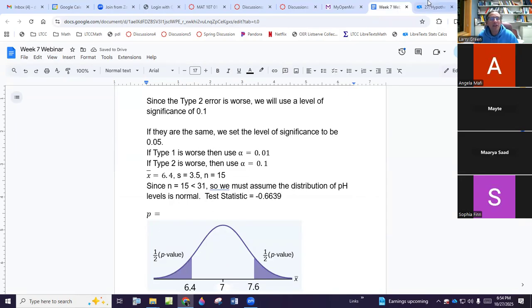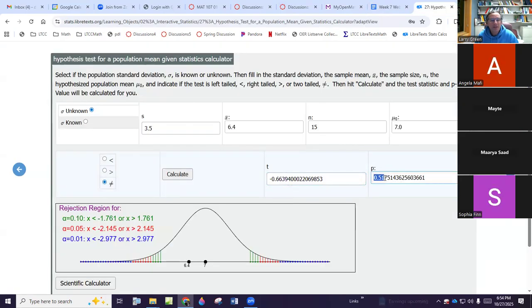And our p-value was this, 0.5175. Notice 6.4 is like right here. And if you look at it, the rejection region is over here, 0.1, that's in green, here and here.